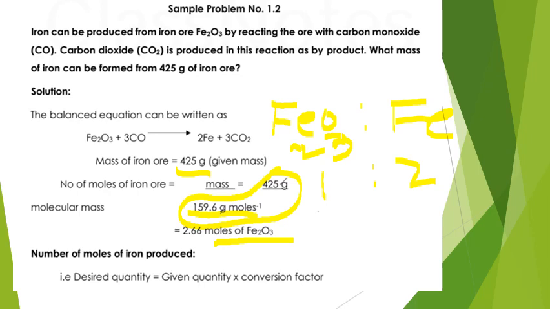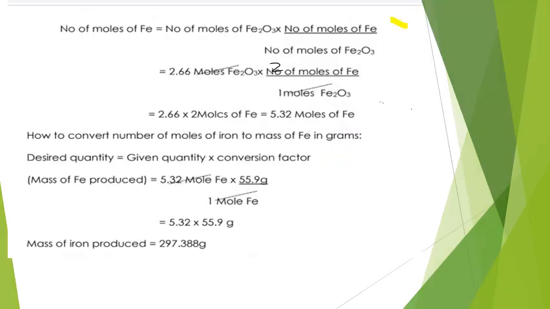As I told you earlier, in a conversion factor you have to write the required substance as the numerator and the substance whose quantity is given as the denominator. So the conversion factor will be the number of moles of iron upon the number of moles of Fe2O3 from the balanced chemical equation, right?